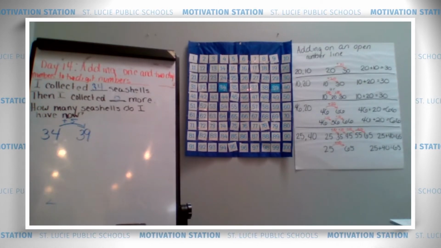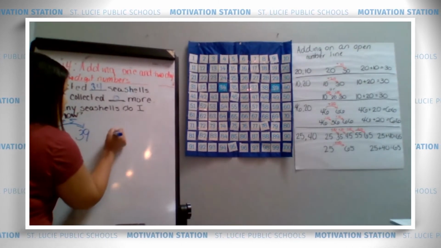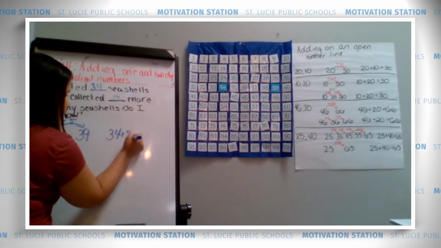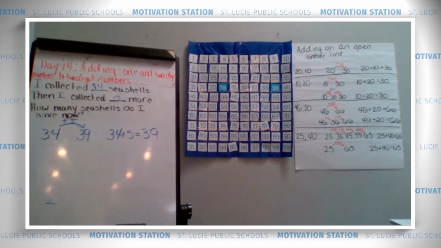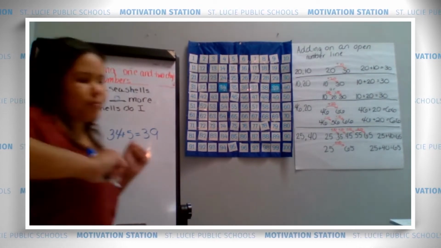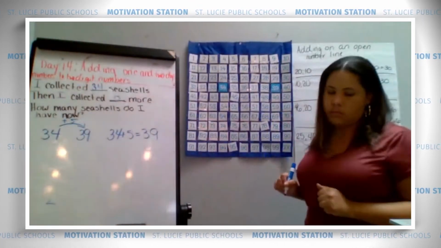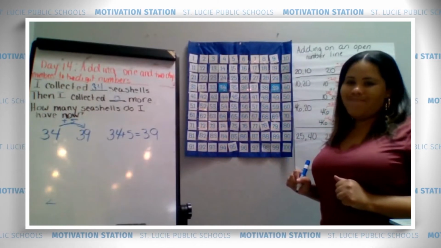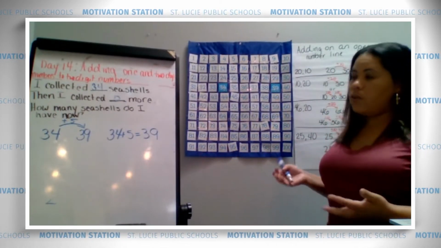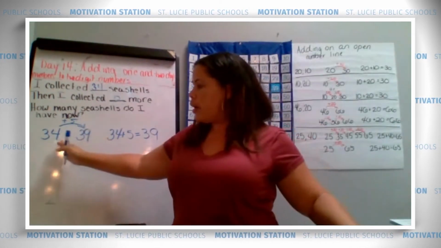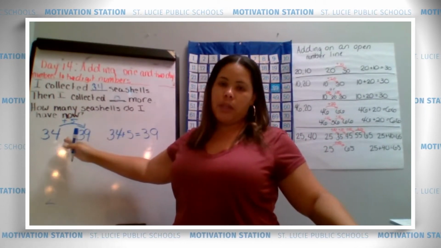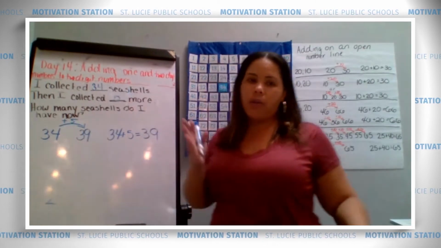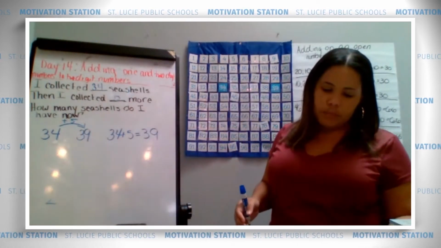What does this look like as our addition equation? 34 plus 5 equals 39. How'd we do? Remember, we have this open number line, and this plus 5 represents the 5 spaces in between these two numbers. We don't have to write out each individual number.